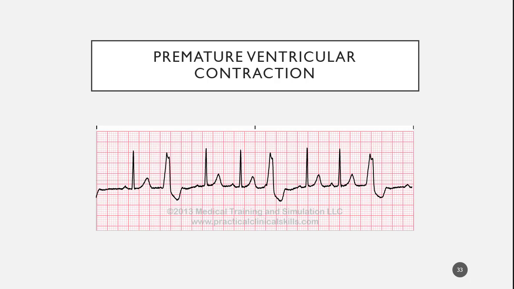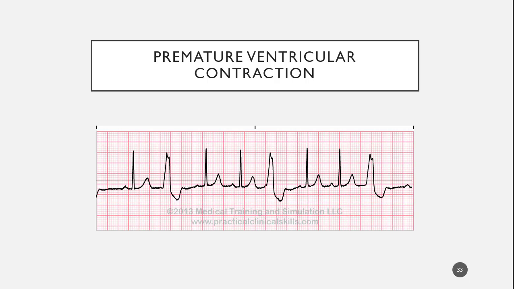They're normal. Okay. What do you notice about the ventricular QRSs? Abnormal. Okay, they're abnormal. They're wide. They're bizarre looking. So we would call this what, Richard? Trigeminy. This is trigeminy. So if every third beat is a PVC, we would call this trigeminy.